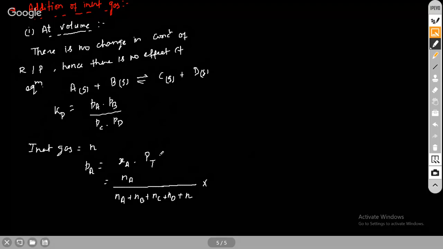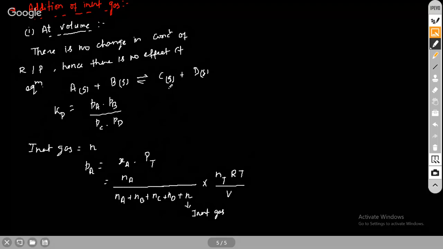What is the total pressure here? That will be total number of moles Nt RT divided by V, volume. This is the partial pressure we have when we added N moles of inert gas. This is the number of moles of inert gas we have.